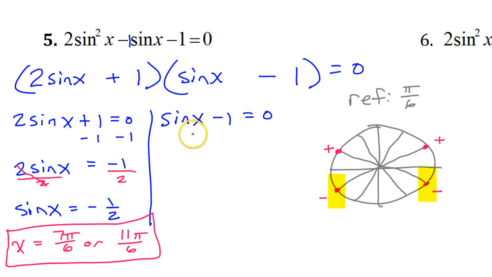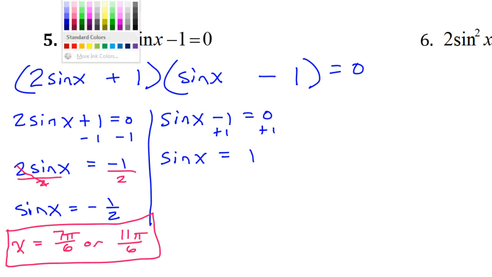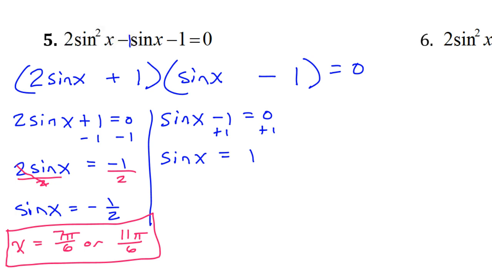All right, so now let's solve the right-hand side of the equation by adding 1 to both sides. So that'll give us sine x is equal to 1. So the sine of what angle will give us 1? This is sounding like a quadrantal angle. So let's just draw a quick diagram to remind us of how this is working.